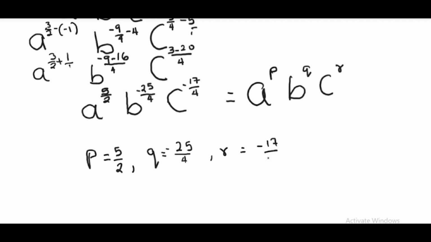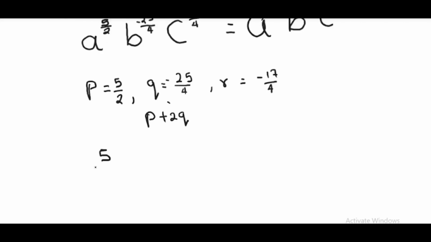So we have P plus 2Q as 5 over 2 plus 2 into minus 25 over 4. So 2 divided by 4 will give us 2, right? So we have a minus sign and a plus sign outside. So minus times plus is minus.